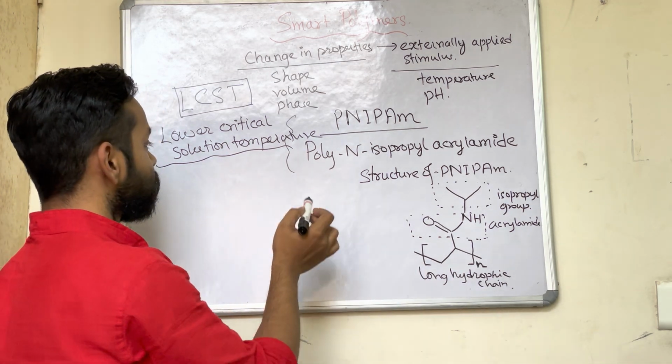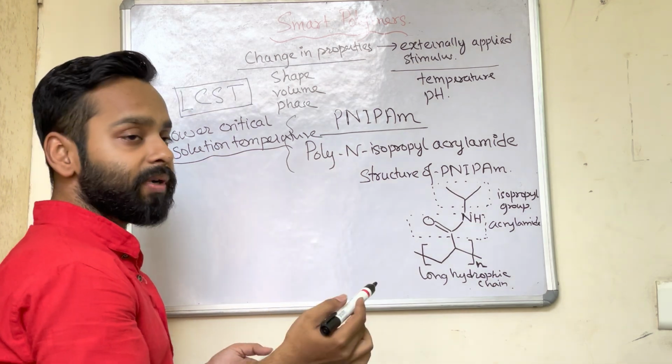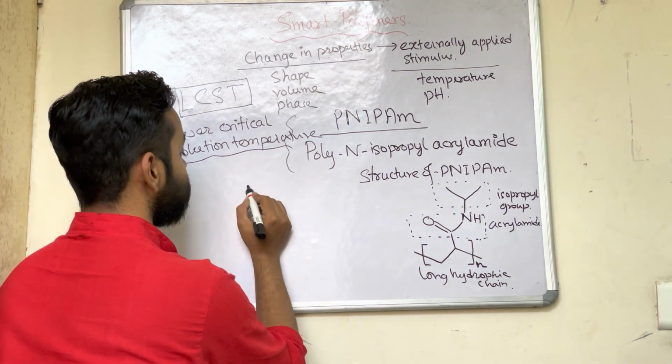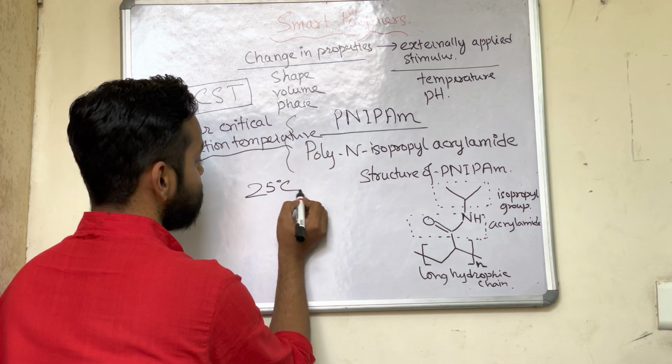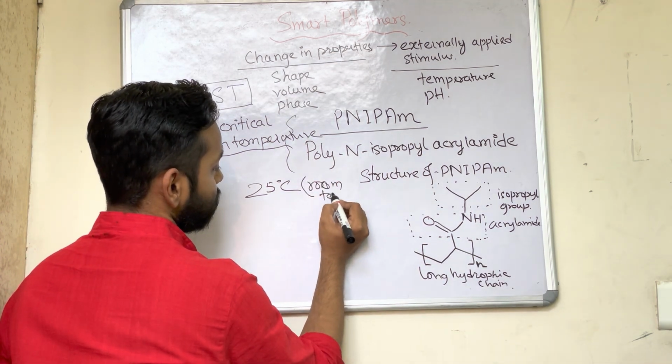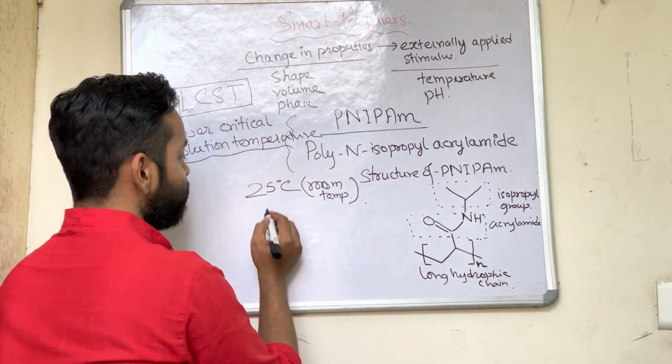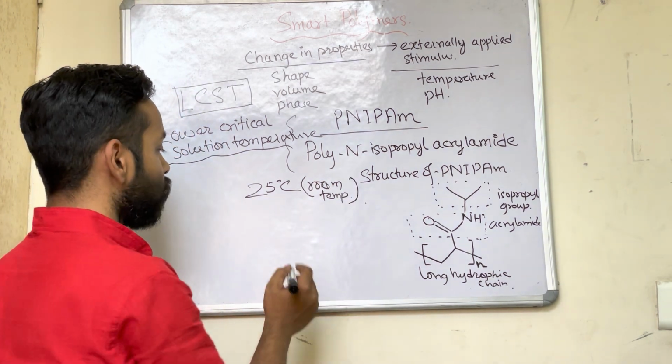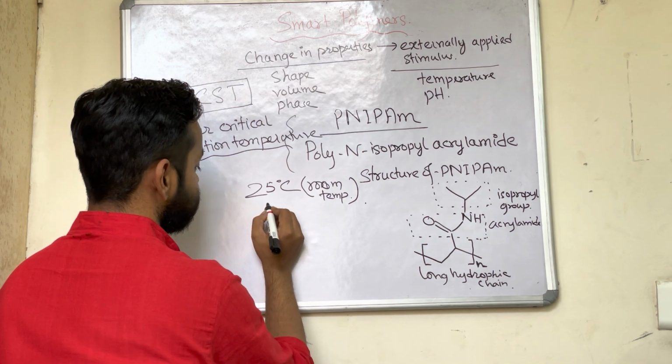LCST, or lower critical solution temperature, in context to this polymer means that at room temperature of 25 degrees Celsius, PNIPAm exists as a solution or liquid state.